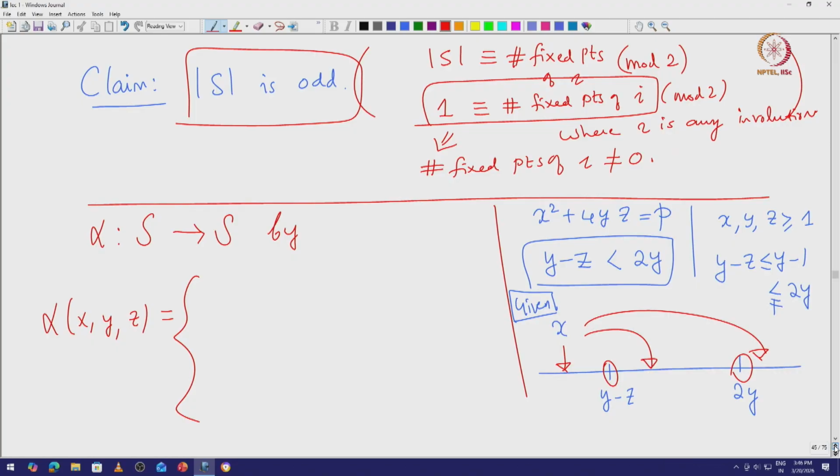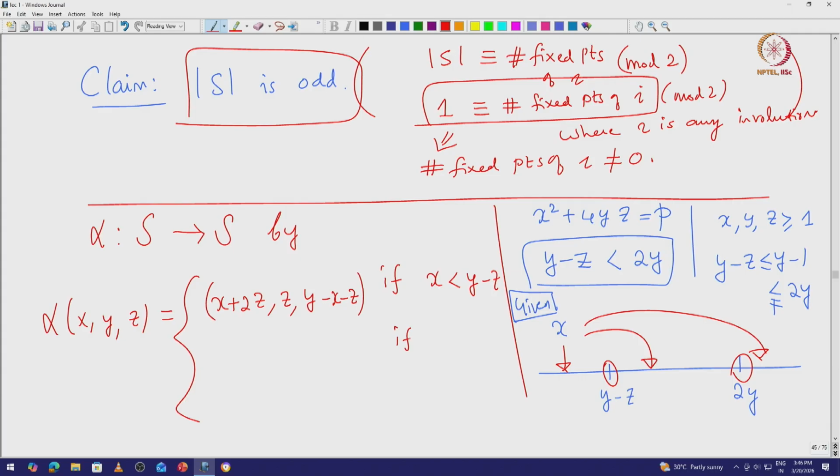So, when x lies between minus infinity and y minus z, so that means x is less than y minus z, then you define this to be x plus 2z comma z comma y minus x minus z. Okay. This is the tuple you take.